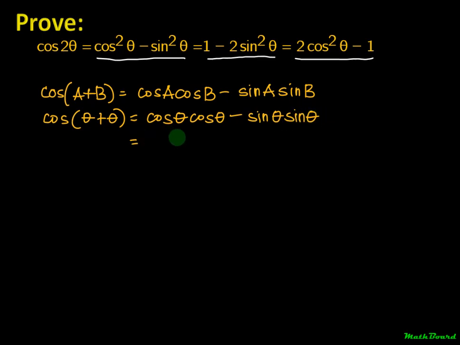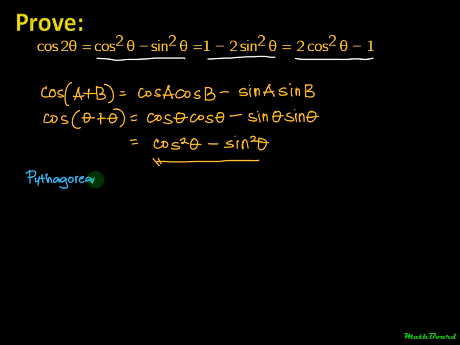And cosine theta times cosine theta equals cosine squared theta. And sine theta times sine theta is sine squared theta. Okay, so as you can see, na-prove na natin na yung cosine 2 theta is equal to cosine squared theta minus sine squared theta. Okay, we know that cosine squared theta is the same as 1 minus sine squared theta, right? Using the Pythagorean identity.